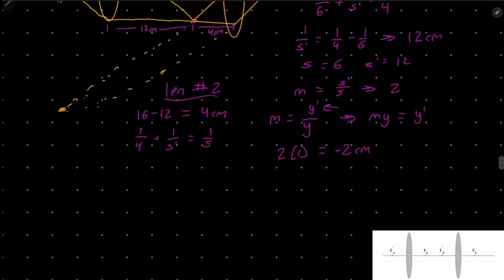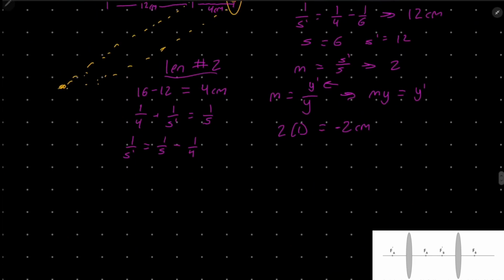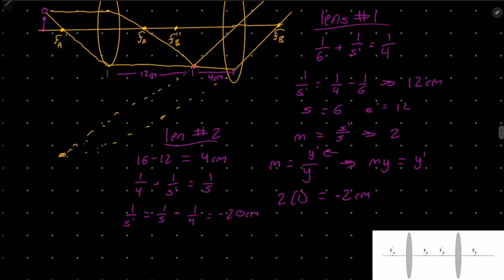And now we'll solve. 1 over s prime equals 1 over 5 minus 1 over 4. And when we plug that into our calculators, we get negative 20 centimeters.